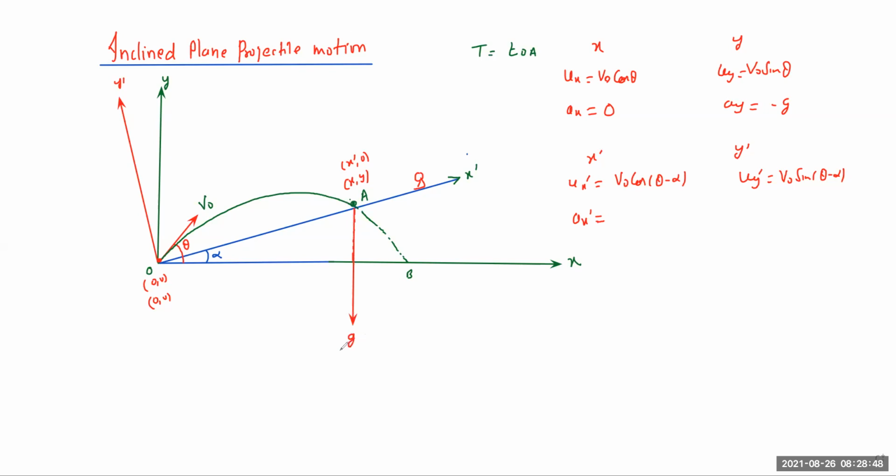And what you are saying is that there is no component along the x dash. Is it true? This angle is how much? So can we resolve the g along the x dash direction? Definitely we can resolve.